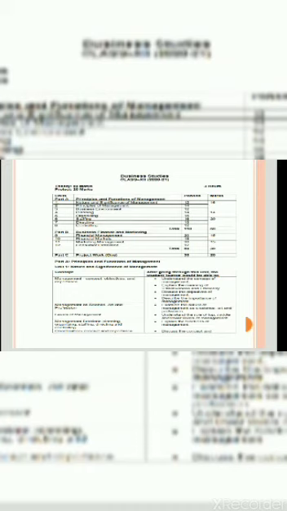The main learning objectives of this chapter are to understand the concept of management, to explain the meaning of effectiveness and efficiency, to discuss the objectives of management, to describe the importance of management, and the nature of management as a science, art and profession. Next, levels of management, and its objective is to understand the role of top, middle and lower management. Next is functions of management. And the last topic is coordination, its concept and importance.